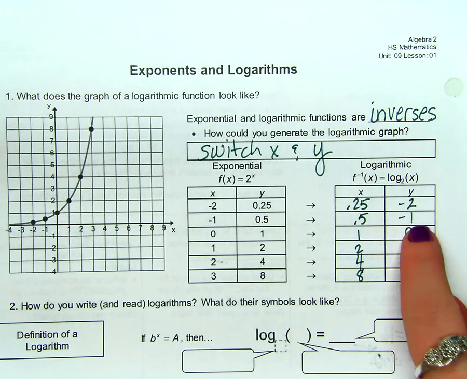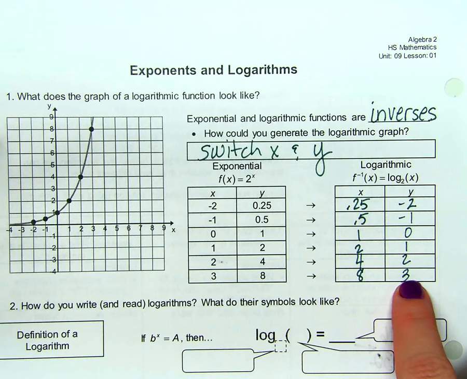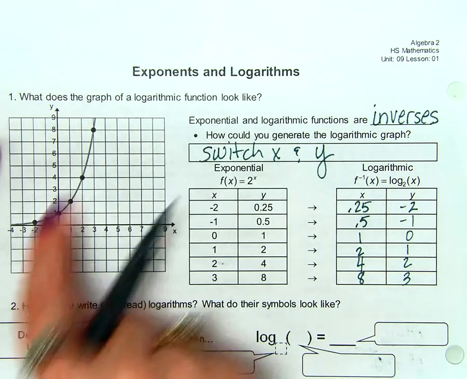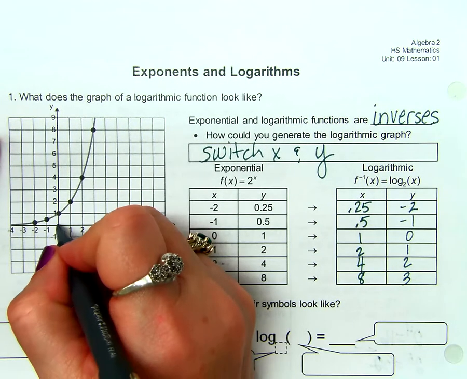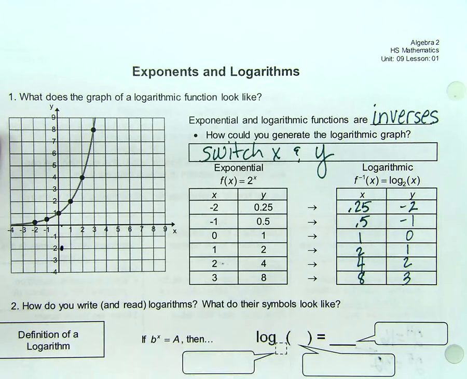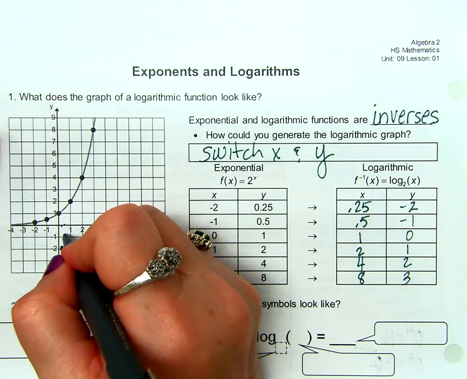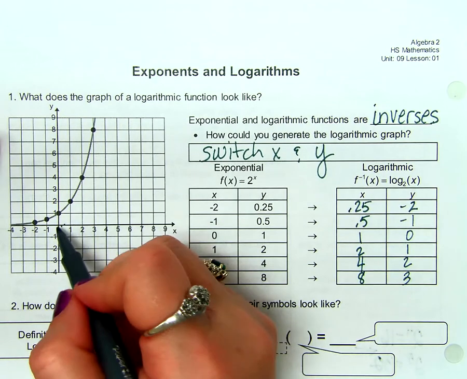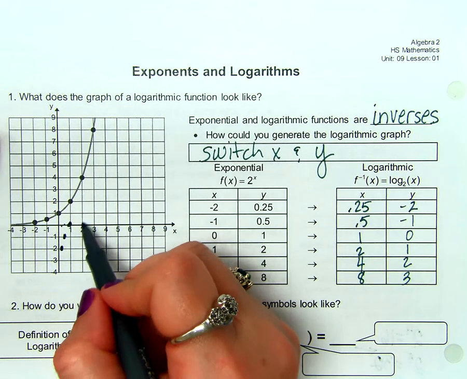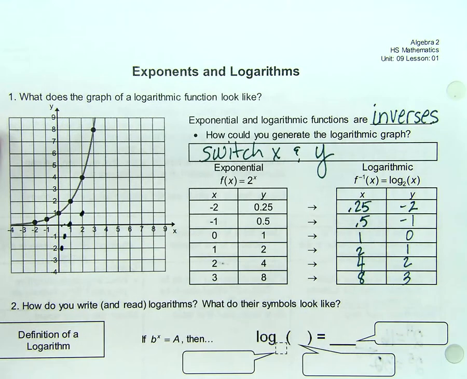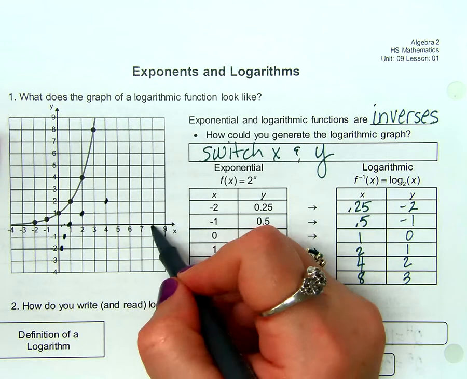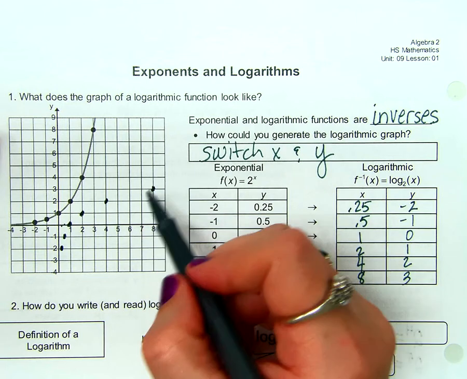So now please take this table and plot it on the same graph as the exponential function already is. 0.25, negative 2, 0.5, negative 1, 1, 0, 2, 1, 4, 2, 8, 3.